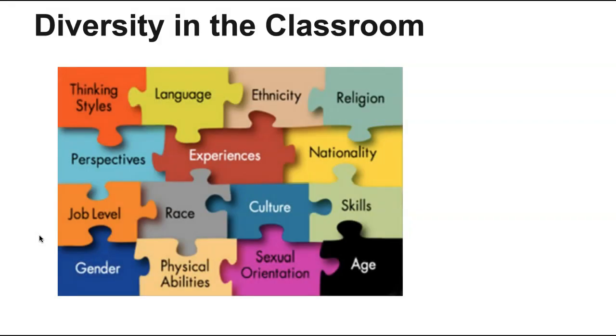When we think about our classrooms, they are really diverse. Classrooms are diverse in the socioeconomic status of students, the linguistic background of students, whether students are first-generation learners or coming from families with extensive higher education backgrounds. There is diversity in age, in job level.